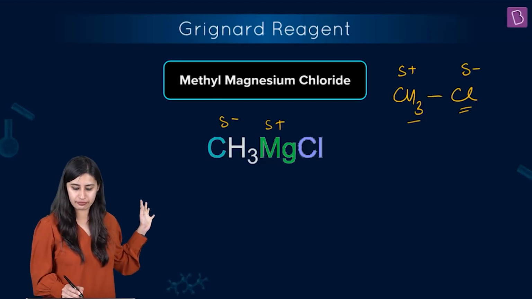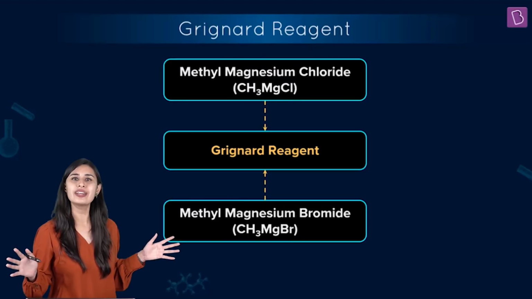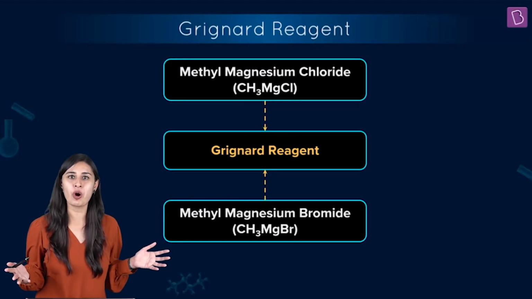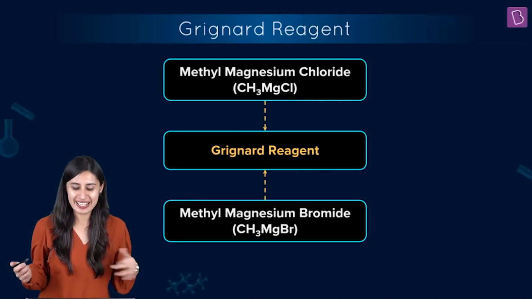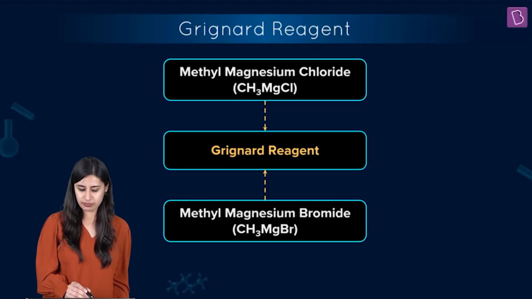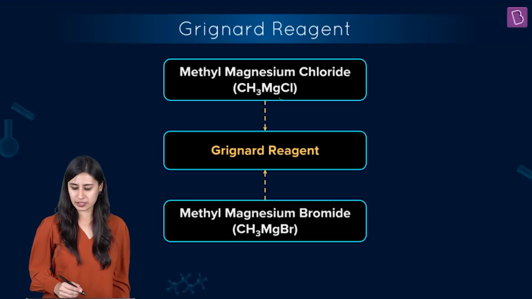So these kind of charges you're able to understand, right? These kind of partial charges, if you are able to understand, you have fully understood the concept, because chemistry is all about opposite attracts, isn't it? So check it out. Methyl magnesium chloride, CH3MgCl, Grignard reagent, methyl magnesium bromide or chloride doesn't affect anything about the concept anyhow.